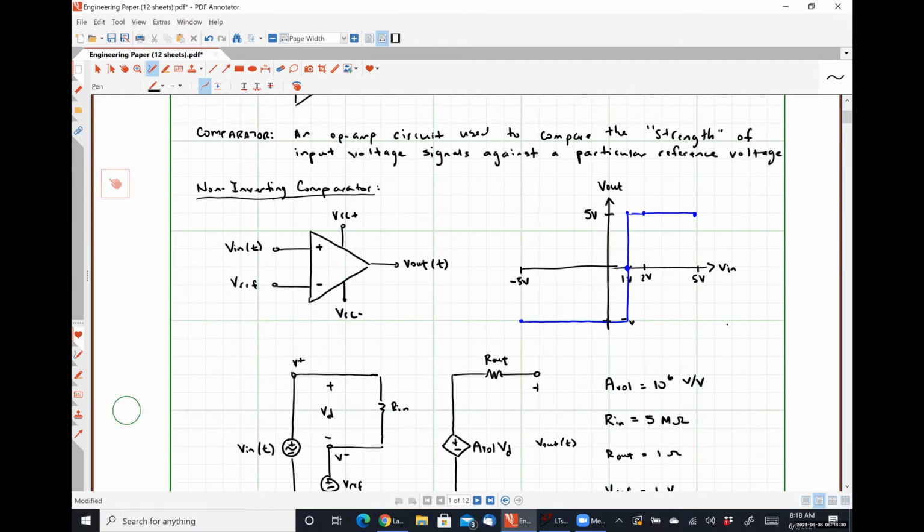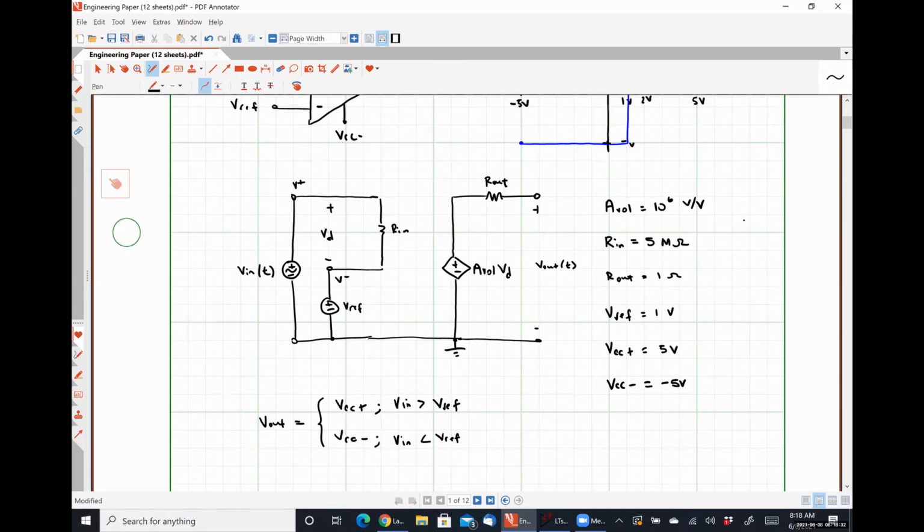Now, this is true when AVOL is large, right? The smaller our open loop gain is, the smaller that slope is going to be, and we're not going to get a nearly vertical line. But the overwhelming majority of practical operational amplifiers have voltage gains on the order of 10 to the 5 or more.